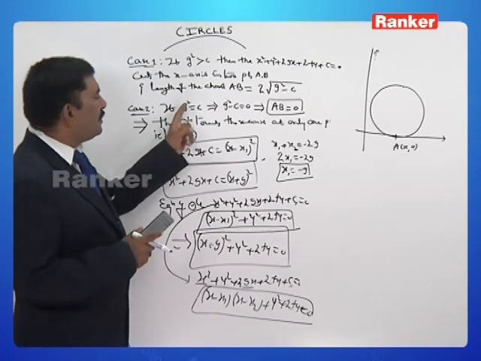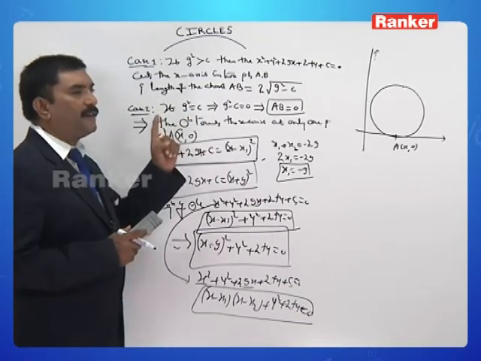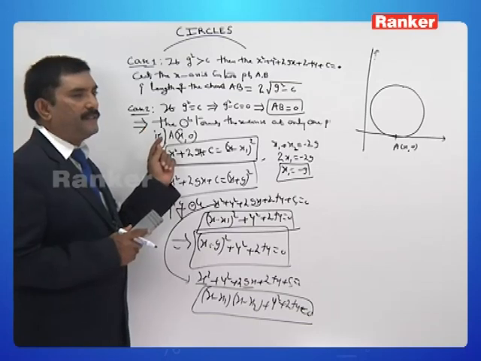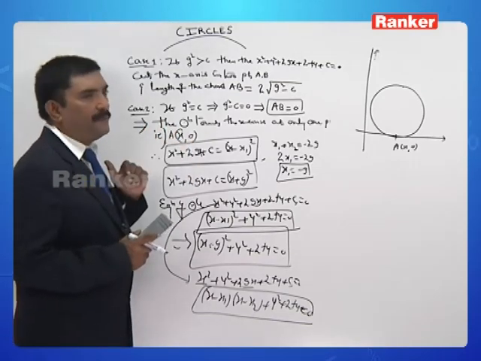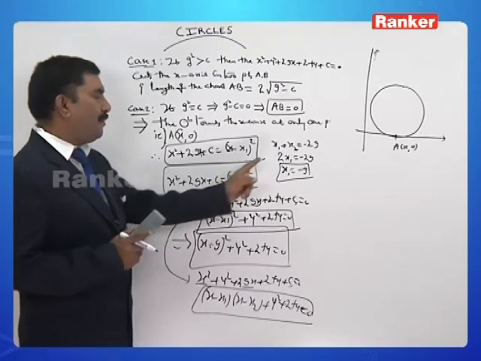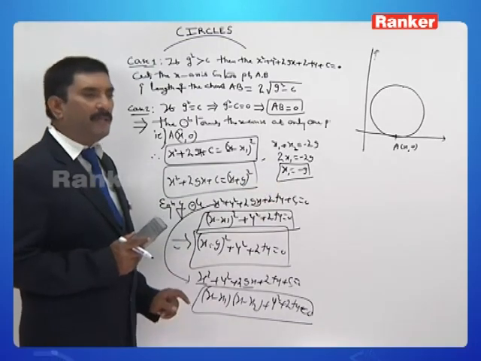Now we come across when g square is equal to c: the circle touches the x-axis. When it touches the x-axis at one point, say for example x1 comma 0, that x1 comma 0 according to this we could find out as minus g comma 0.